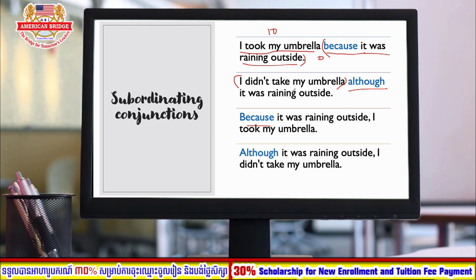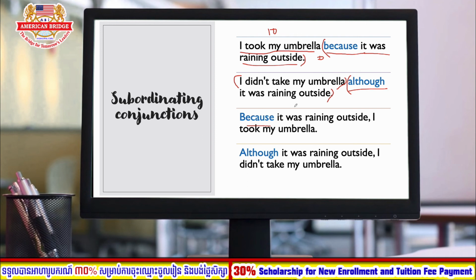It has a full meaning here. Although it was raining outside is a dependent clause. It cannot stand alone. Although it was raining outside makes no sense. You need another part of the sentence to make it complete.